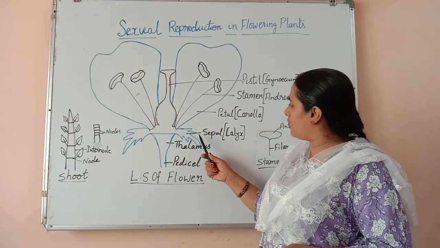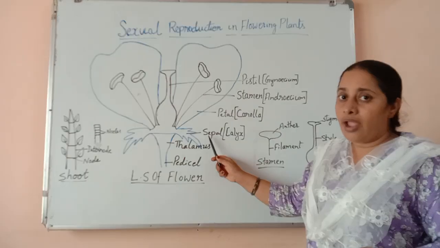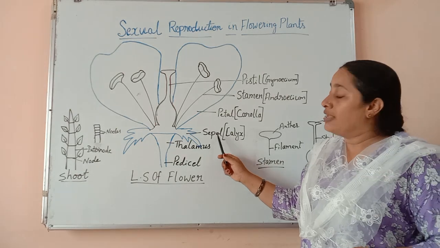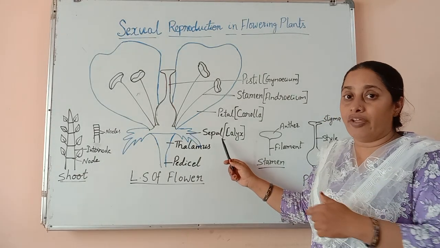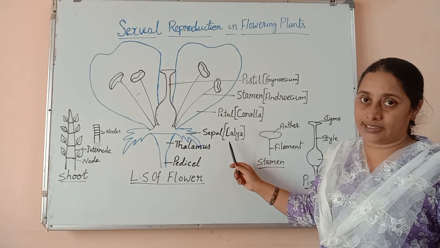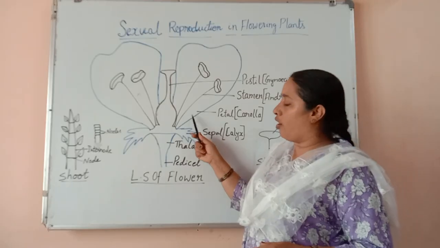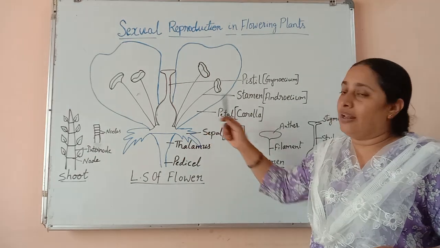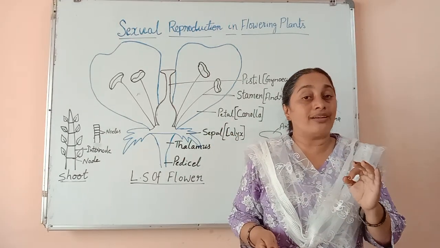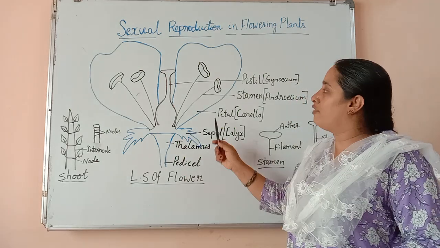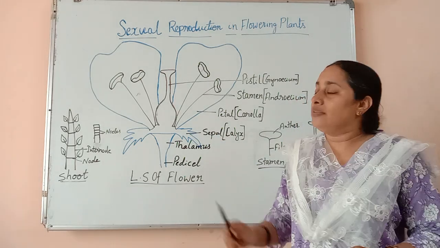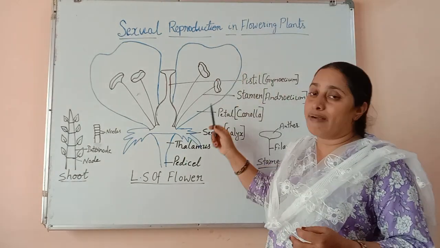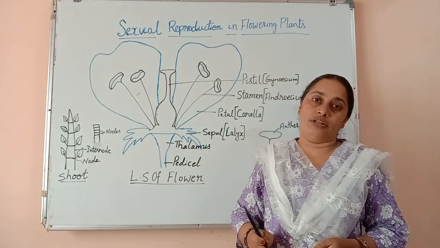Now that's about the sepal. The unit is called sepal, and many sepals arranged in the form of a ring or whorl is called calyx. Now coming to the second whorl of the flower, that is petal. Dear students, petal, as you all know, is the most colorful part of the flower, and we see different colors and different shapes of petals in different types of flowers.